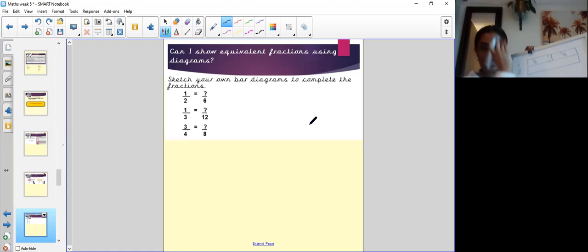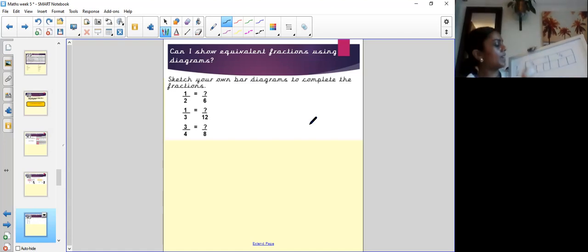And then it wants me to split it into 6. So I'm going to split that in half. So what is the answer to 2 halves? How many does 2 halves make? Out of 6. 1, 2, 3, 4, 5, 6.